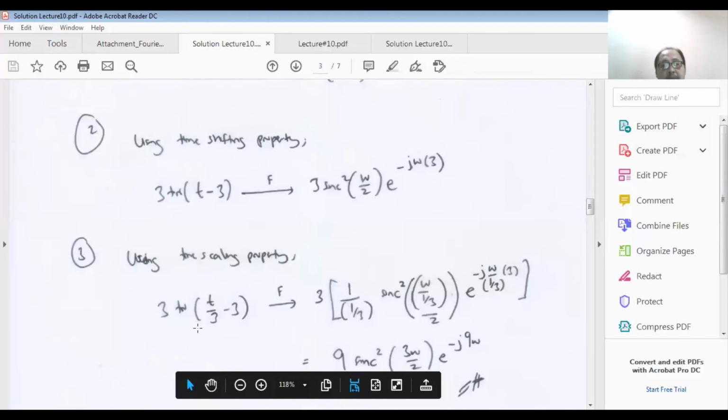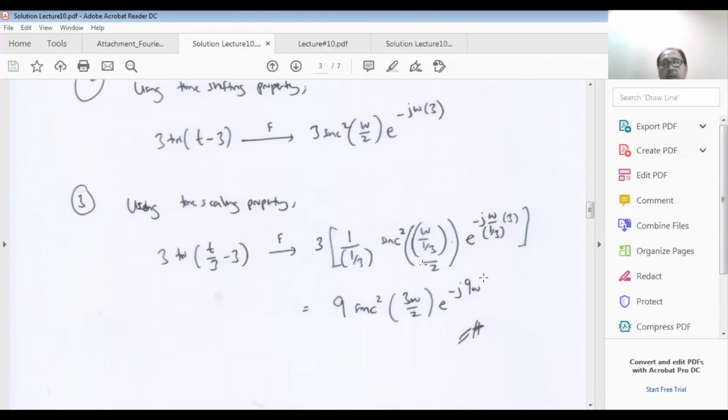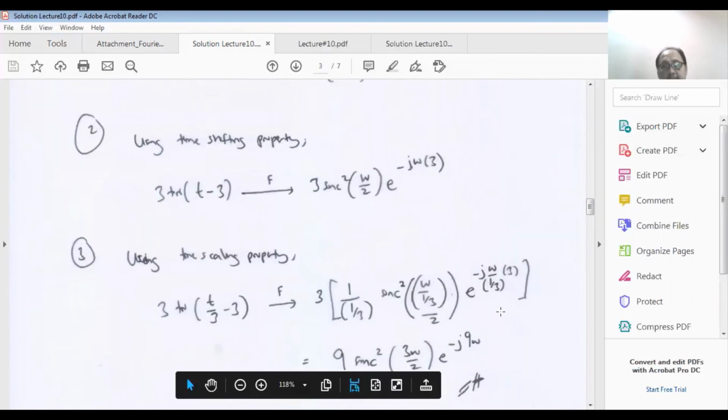For time scale, you have 3 triangular T over 3 minus 3. So we get 3 times 1 over the constant, sinc squared omega over the constant divided by 2, times exponential negative j omega over the constant times 3. In the end, the result is 9 sinc squared 3 omega divided by 2, exponential negative j of 9 omega.